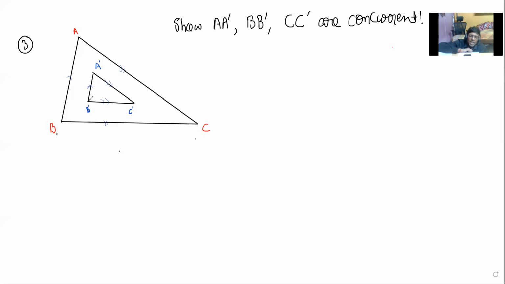If you take two of them and they pass through a point, how do you show that the third one passes through that point? That's a very strange thing to prove. It seems true, but it's strange. Anytime you ask yourself to prove that things are concurrent, it becomes a very strange question.